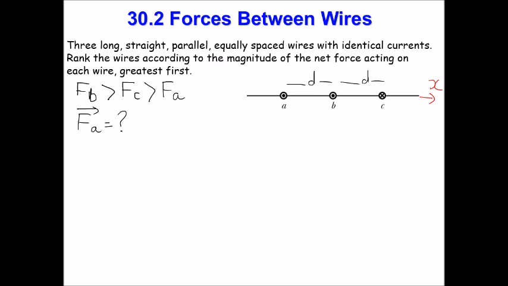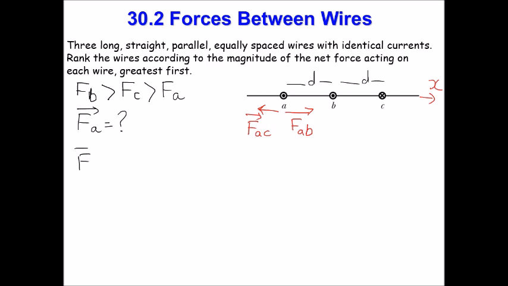We just learned before that when we have two wires with current in the same direction, let's say A and B, these two wires will attract each other. So the force on A due to B is in this direction, because the two currents are in the same direction. If you take A and C, the two currents are in opposite directions. So these two wires will repel each other. So the force on A due to C is in the opposite direction.